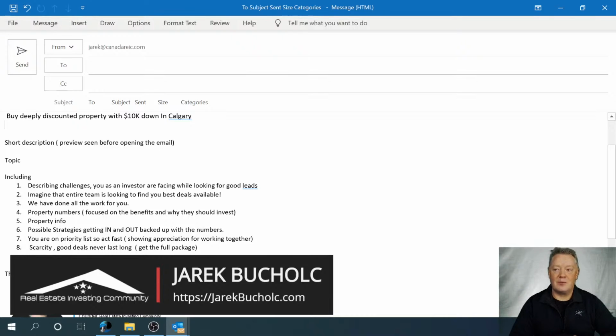So what I have in mind is that the person receives that as a priority list, as a person who should also appreciate that they are receiving the first priority list, giving them the opportunity to act fast, right? And number 8 is scarcity, and should be with that deal, which even wasn't structured in my standards correctly, took 24 hours to close the deal to have a committed party, and having exit strategies, right?